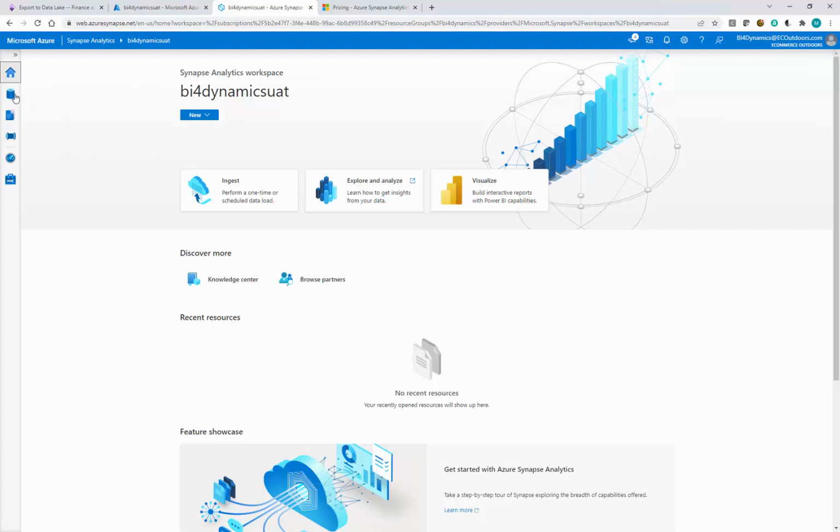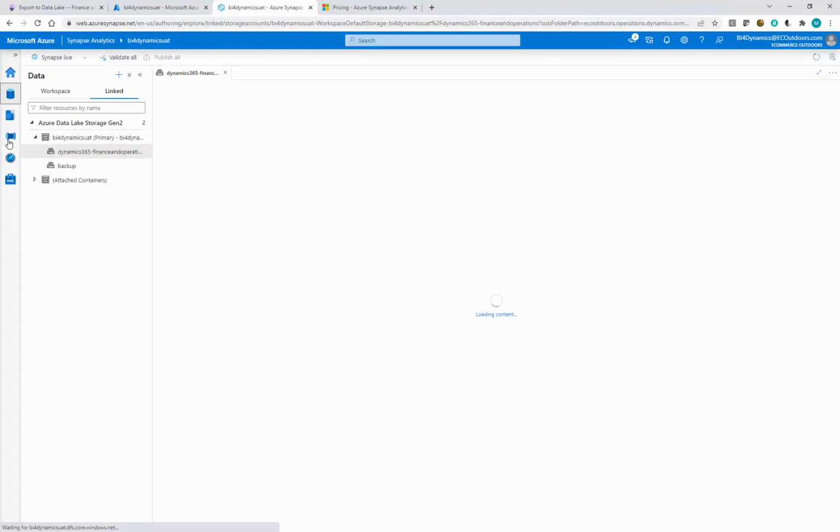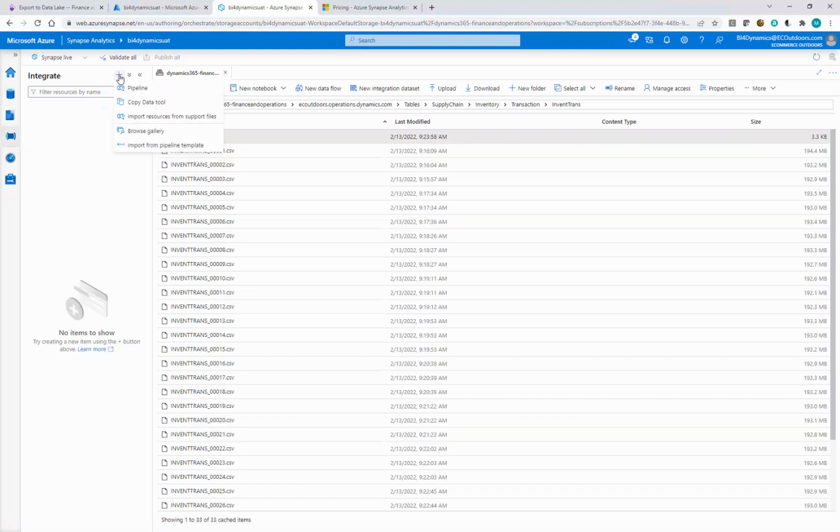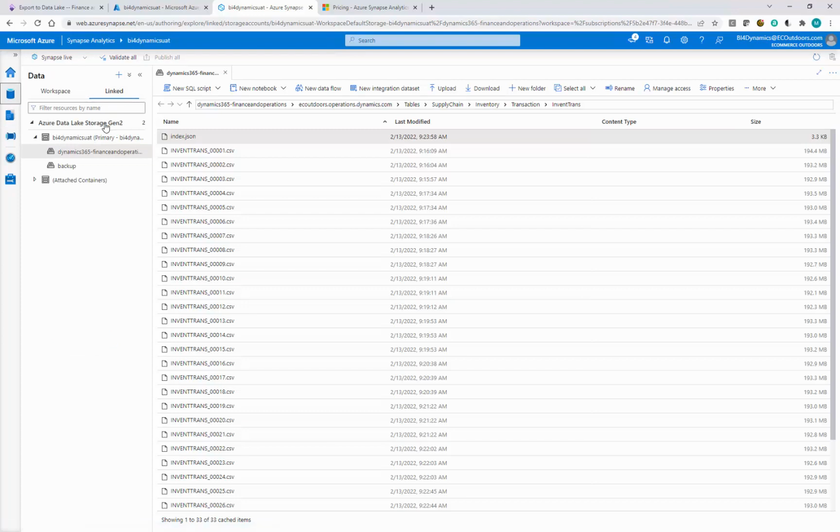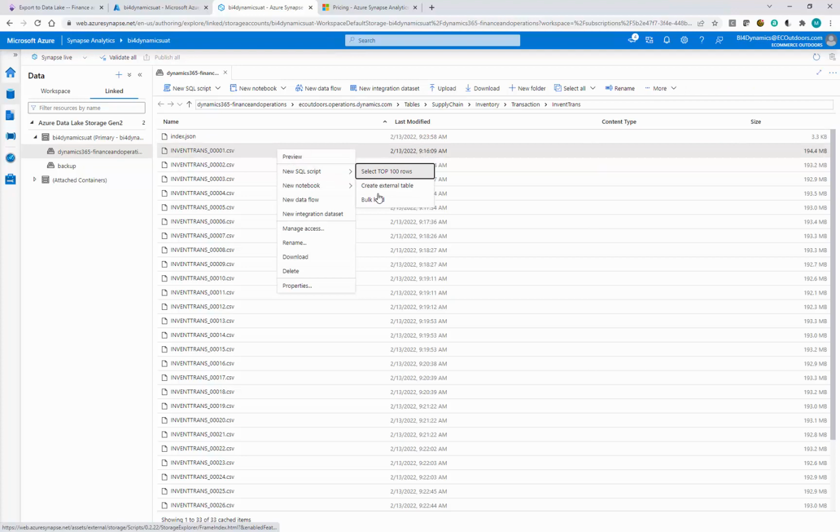It is a SQL and Apache engine. It also provides pipelines, which we are not going to use. We are going to use a SQL Server engine that is, as you can see here, linked to the storage account, and it is actually available and browsable, the same data that we have seen here.